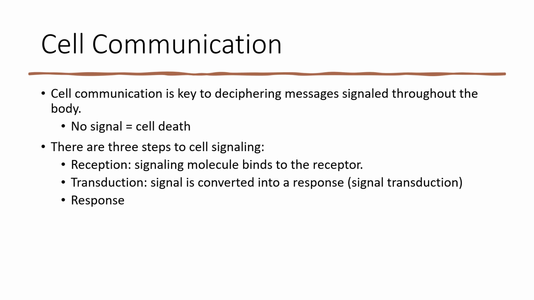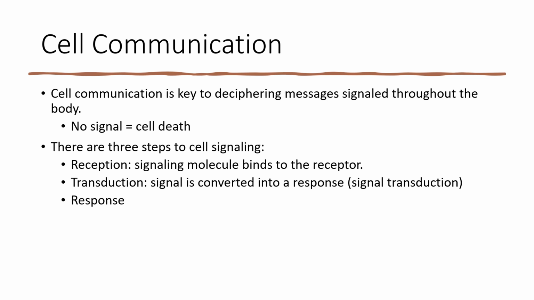Step 1 is reception, where the cell signaling molecule binds to a receptor protein on the cell membrane or inside the cell. Step 2 is transduction, also known as signal transduction.